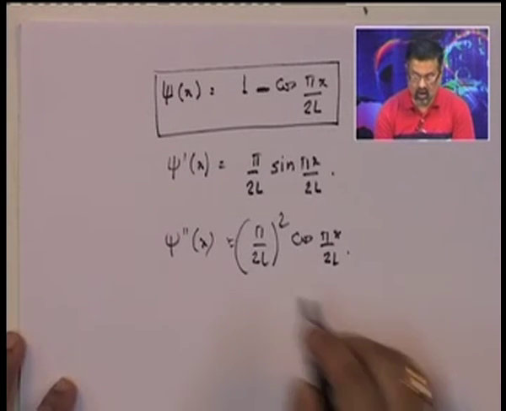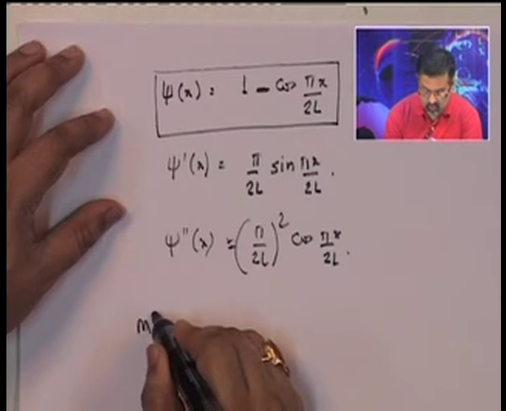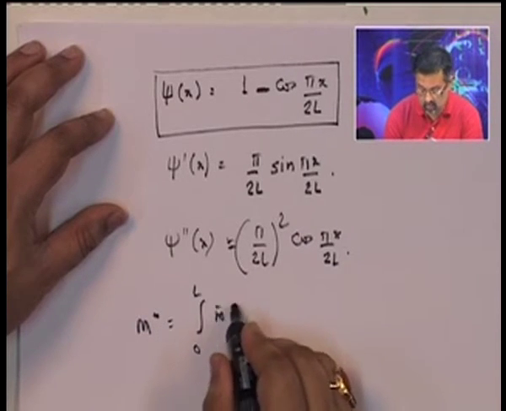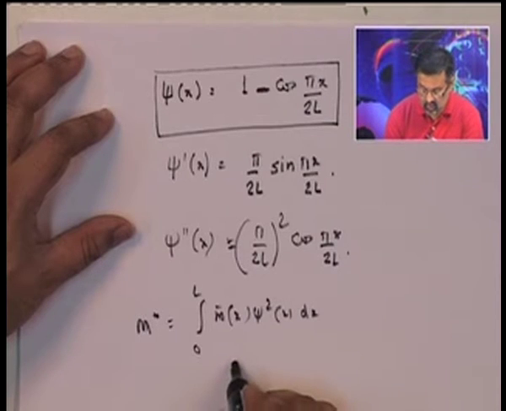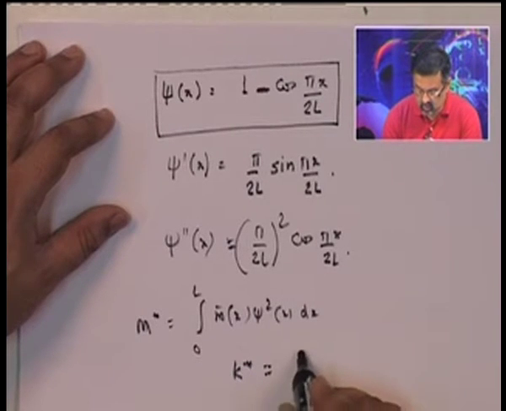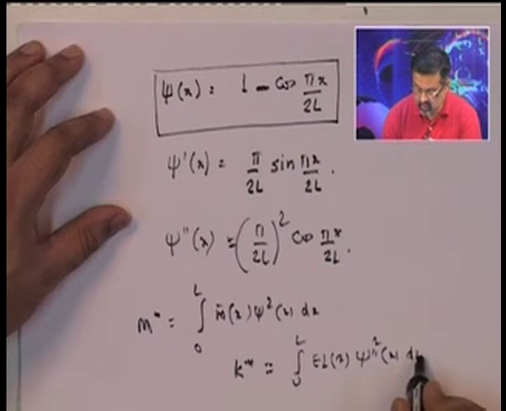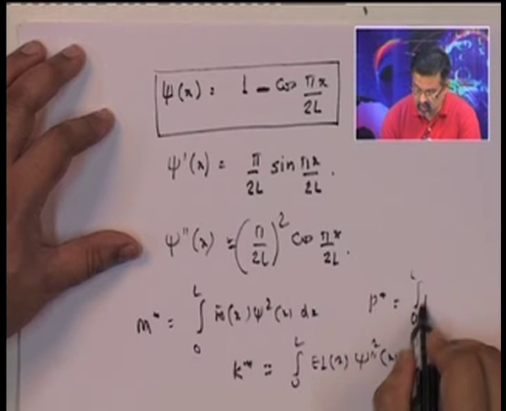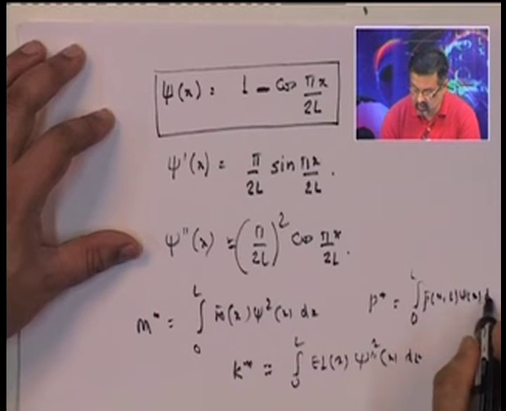So, I am deriving these up front, and also recall that m star is equal to the integral of m bar x xi squared x dx, k star is equal to the integral from 0 to L of E I x xi double prime squared dx, and p star is equal to the integral from 0 to L of p bar x t into xi x dx.